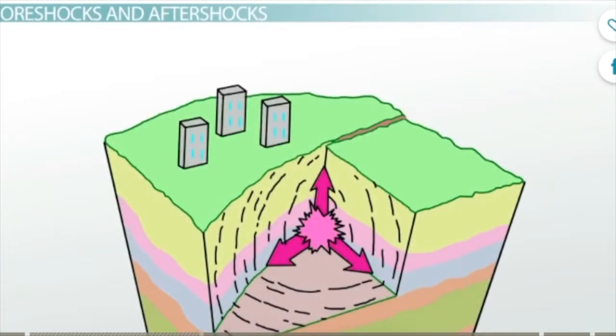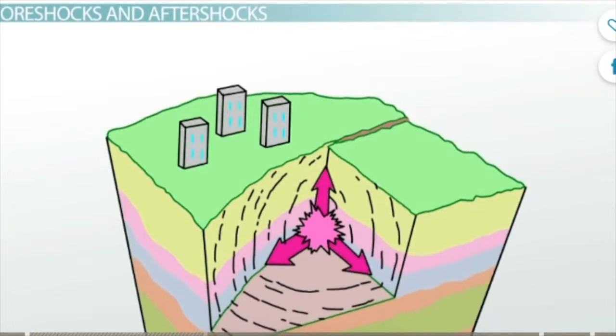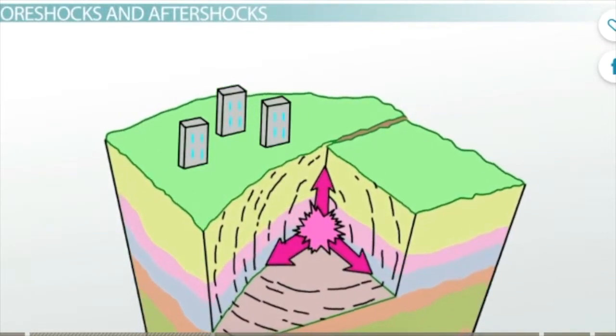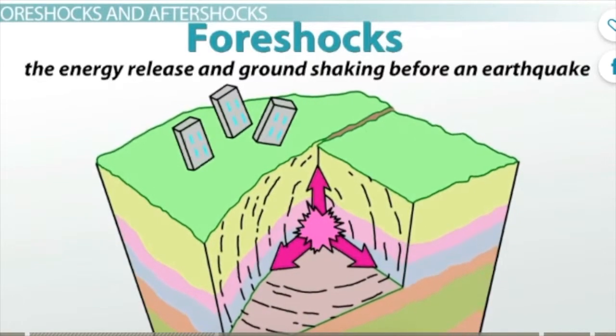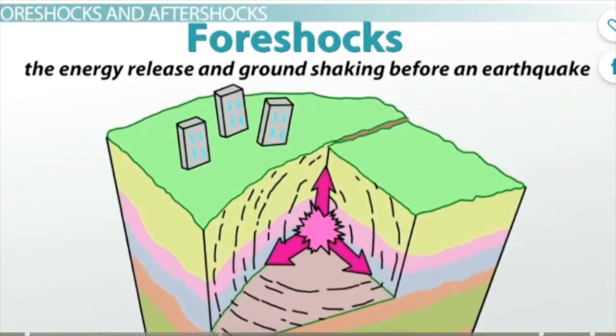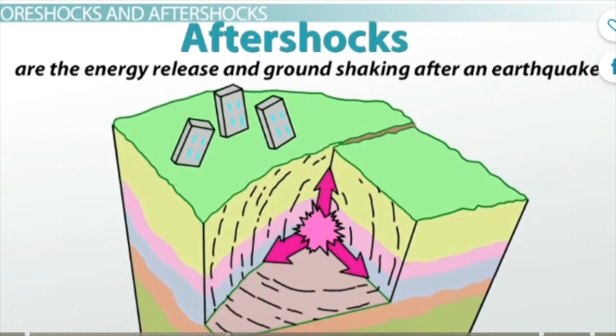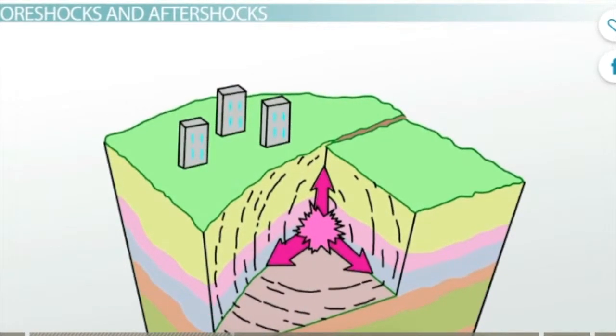Because faults are not straight, smooth boundaries, ground shaking often occurs both before and after the main quake. Foreshocks are the energy release and ground shaking before an earthquake, and aftershocks are the energy release and ground shaking after an earthquake. Foreshocks are before, aftershocks are after. Makes sense.